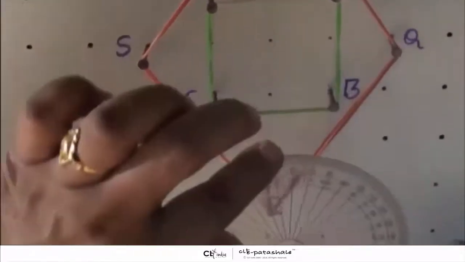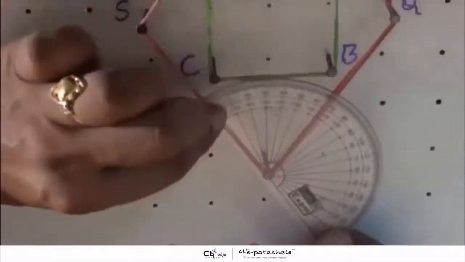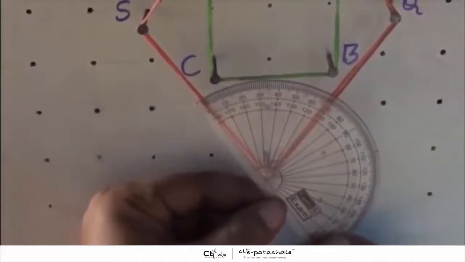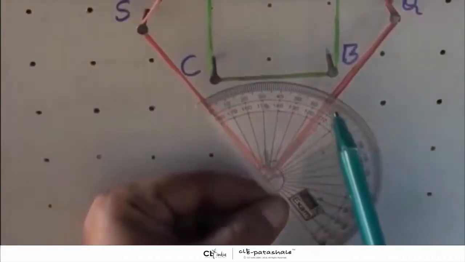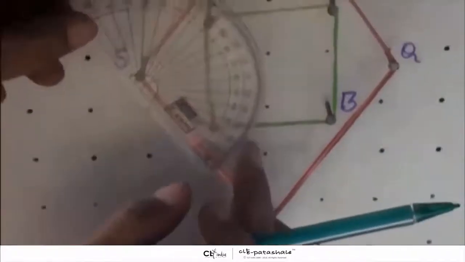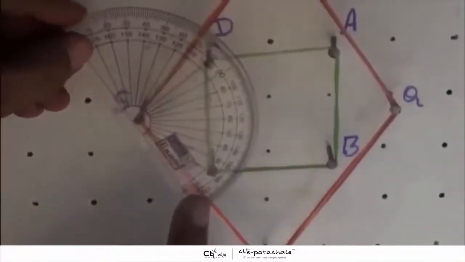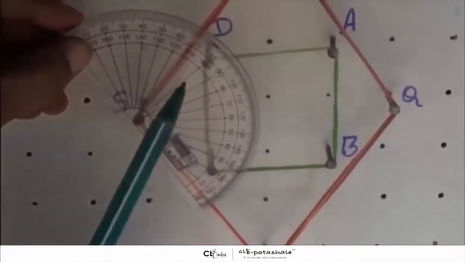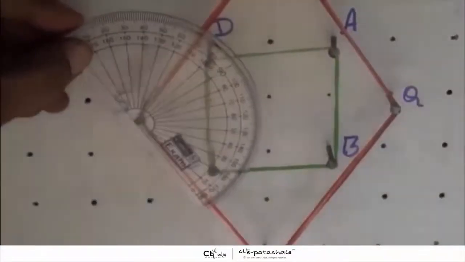Now we'll measure angle R, which is equal to 70 degrees, as you can see. Now angle S, which is also equal to 110 degrees.